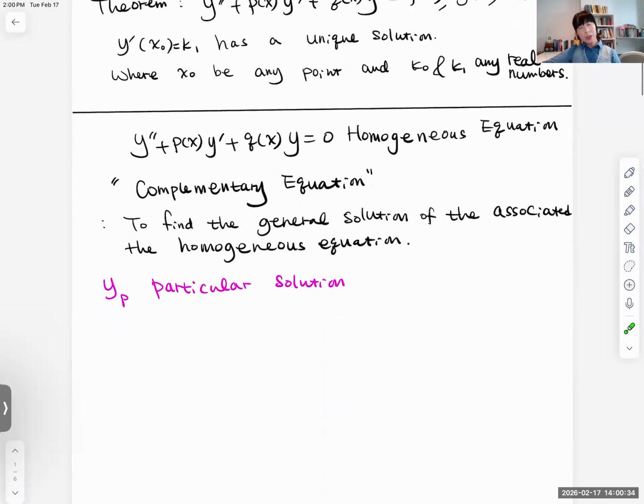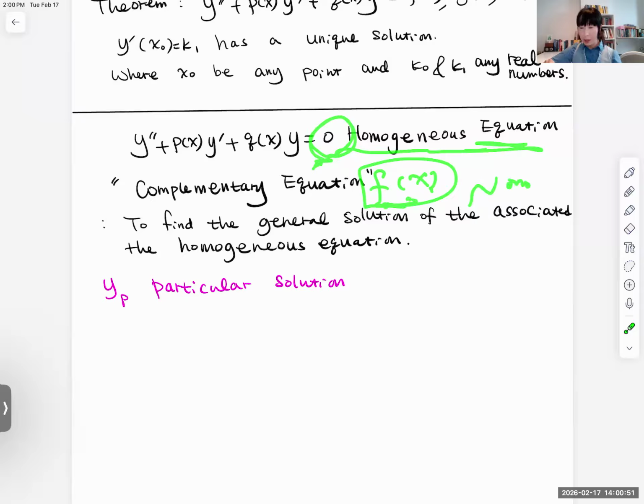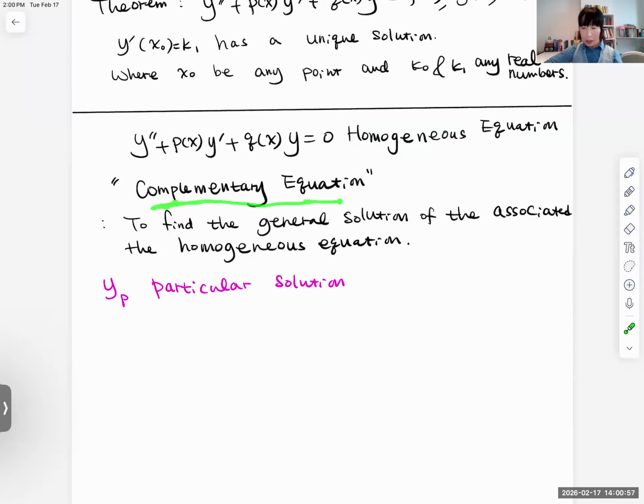Now we have another terminology here. In the homogeneous equation, the other side is 0, instead of f of x. If we have f of x, that's non-homogeneous, as we just learned. Then we have a complementary equation.